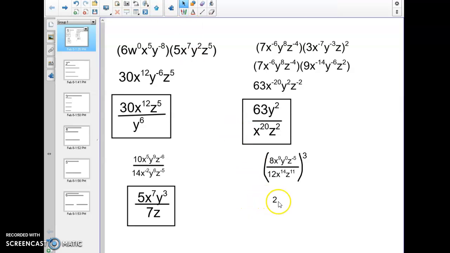Let me put my fraction bar down here. So it's 2 over 3. And then x to the 9th over x to the 14th. 9 minus 14 is negative 5. So that puts my x in the denominator. So x to the 5th.